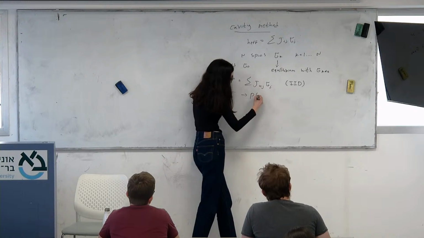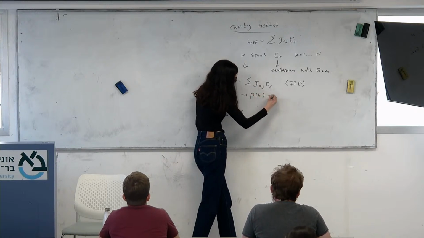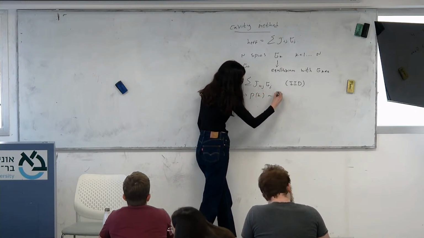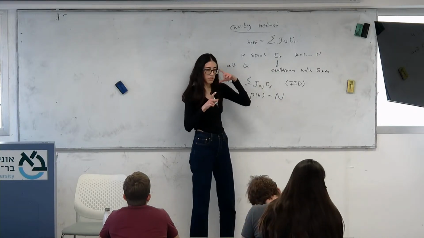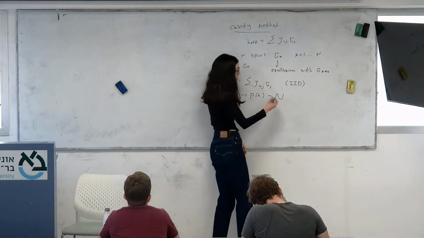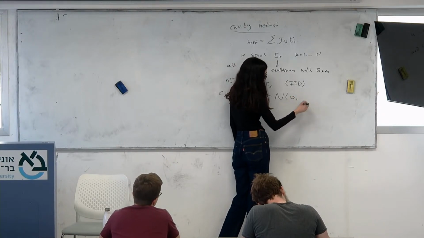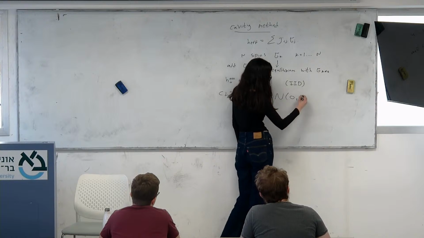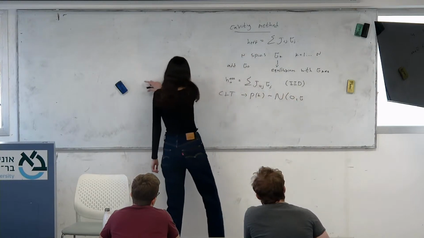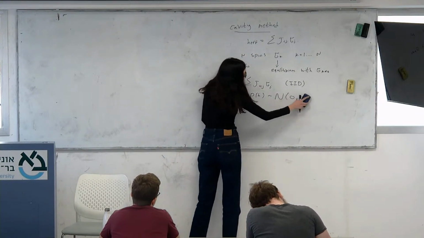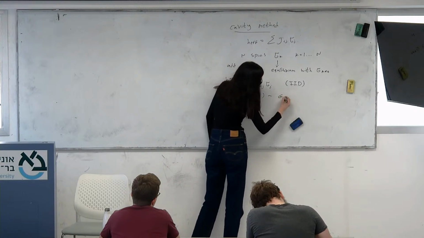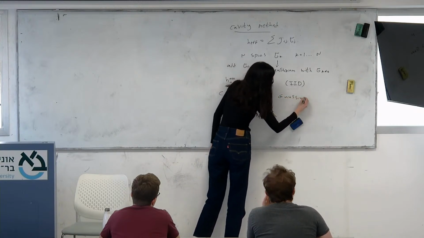So P of H is a Gaussian with average 0 and some standard deviation. We can't use sigma, we already have sigma. Forget about that. Just Gaussian.